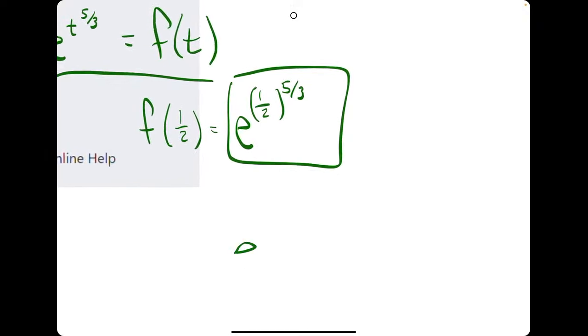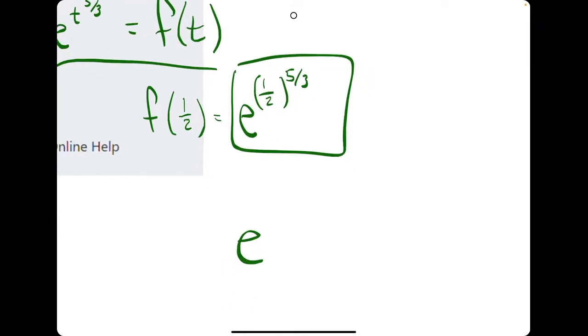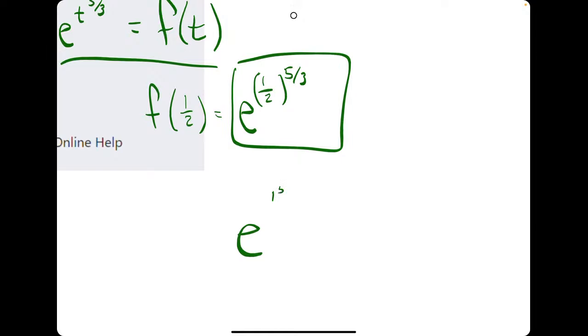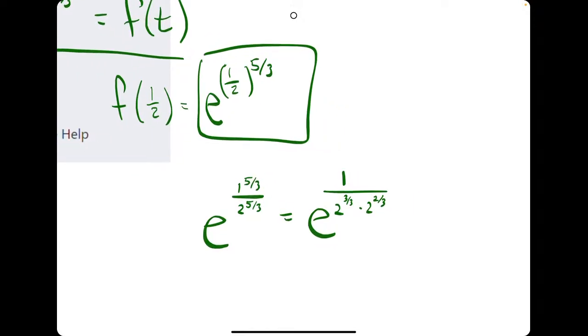E to the 1/2 to the 5/3 would basically be 1 to the 5/3 over 2 to the 5/3. 1 raised to any power, so 1 to the 5/3, is just 1. On the bottom, we have 2 to the 5/3, which we could break up as 2 to the 3/3 times 2 to the 2/3.